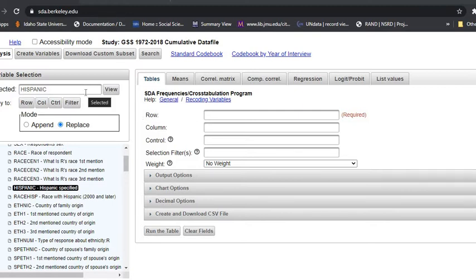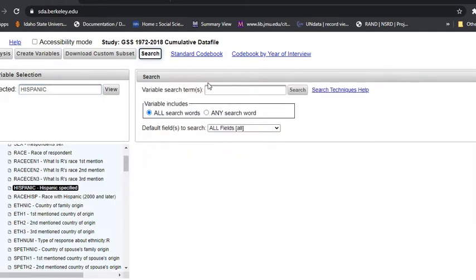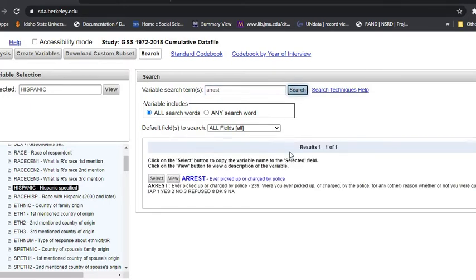And so, to save us time, instead of searching for the question, you see here there's a search button, and we could do a search if we were to say, well, I want to know if anybody's ever been arrested. If you were to put in "arrest" as a key search term and see if there are questions about being arrested, I just happen to know about this beforehand.